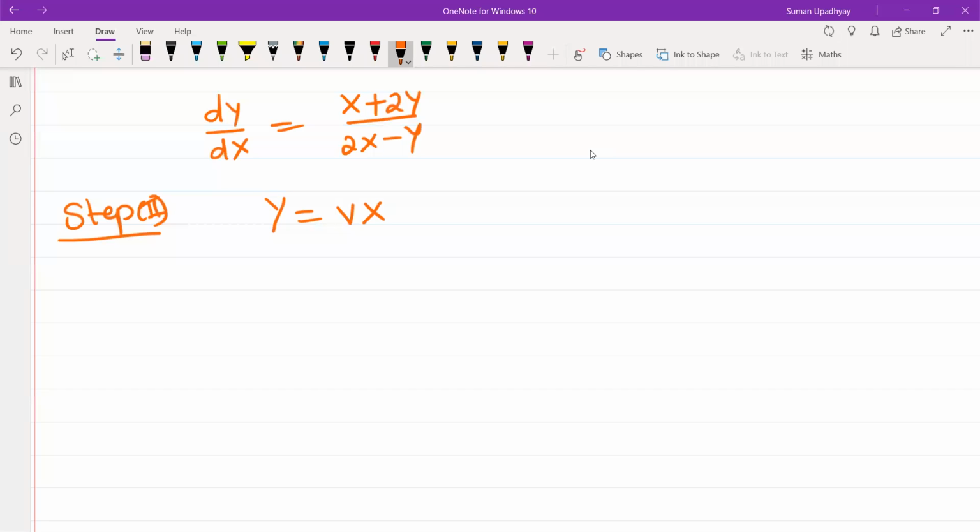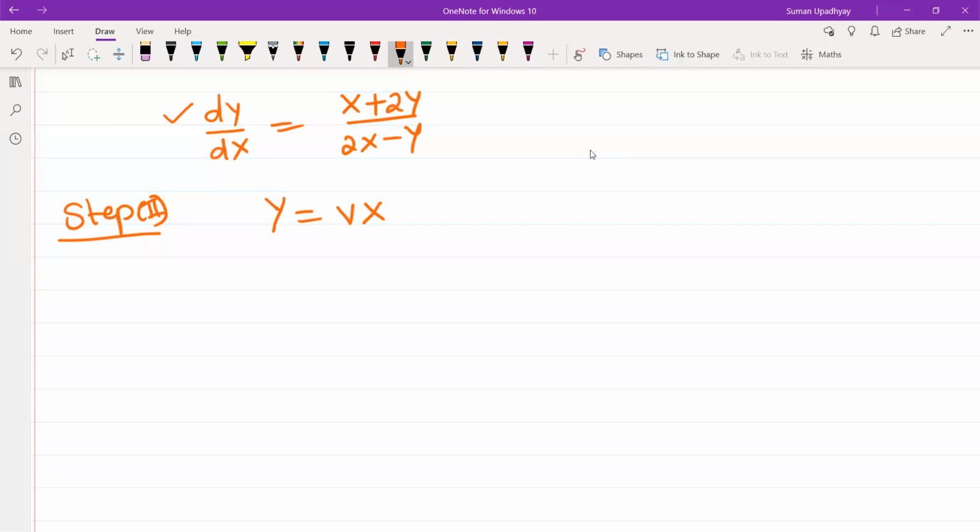Now you all tell me whether small y will come or capital Y will come. Capital Y will come because my given homogeneous differential equation is in capital Y and capital X. So capital Y and capital X are going to come. So I'm substituting Y equals VX.